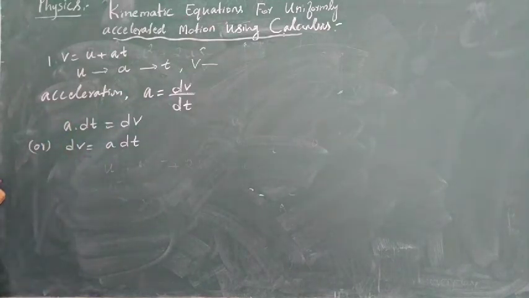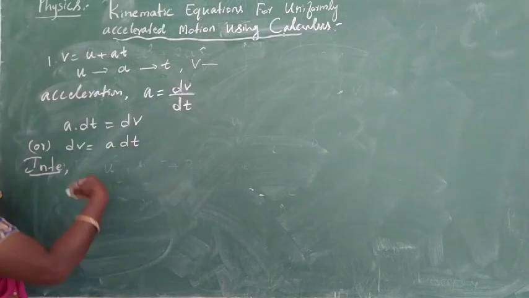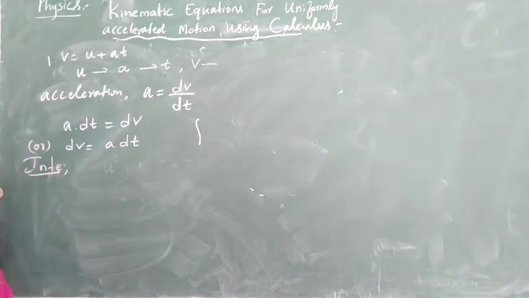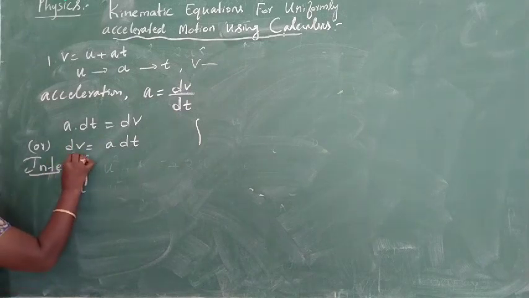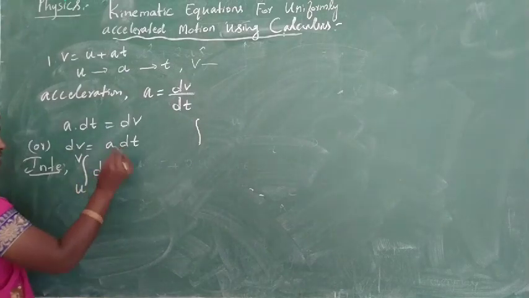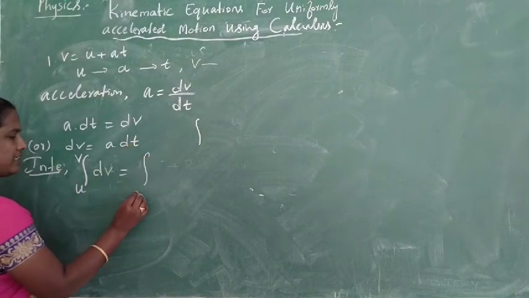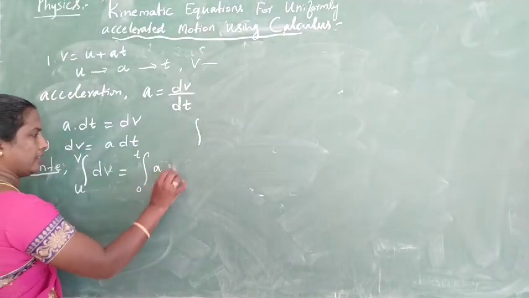The integration symbol is written like this. Integrating, the velocity changes from the initial to the final velocity limits, so the integral of dv is equal to, with time varying from 0 seconds to t seconds, the integral of a into dt.